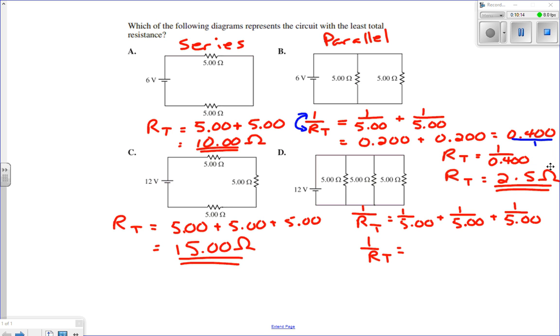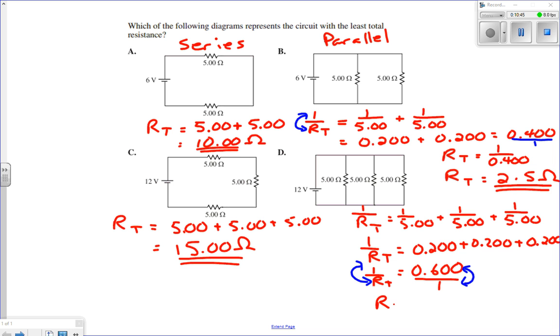which means 1 over RT is equal to 0.200 plus 0.200 plus 0.200, which is equal to 0.600. Then I need to take the reciprocal. Once again, reciprocal. And if this is 0.6 over 1, we take the reciprocal of that, which means it's 1 over 0.6.